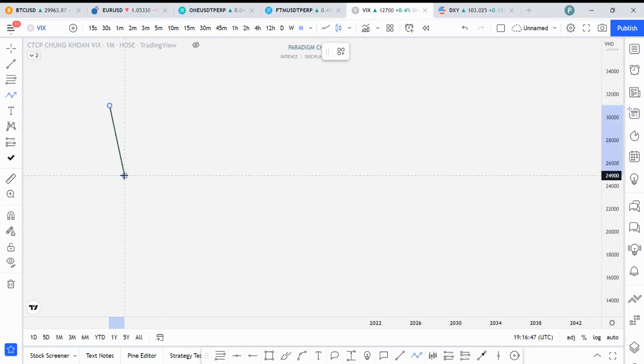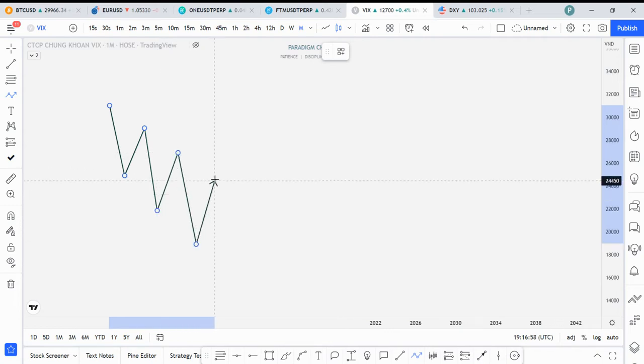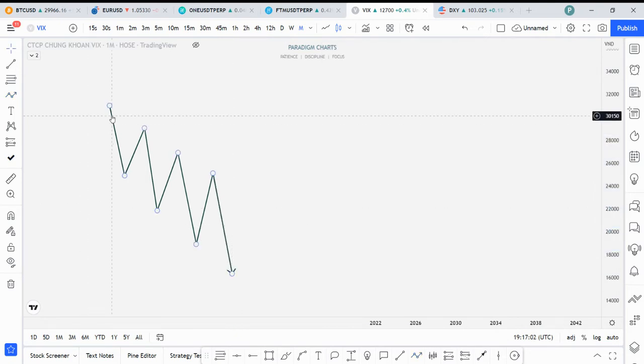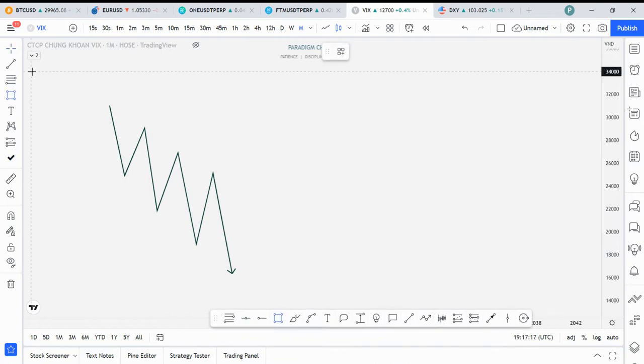Price makes a lower low, and then makes a lower high, makes another low, a high, a low, a high. Usually, when price forms one impulse leg, it will go back up to mitigate the supply zone that forms. So you have some kind of supply zone somewhere here.